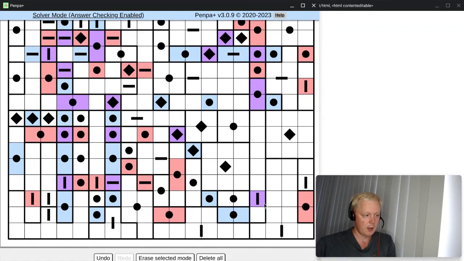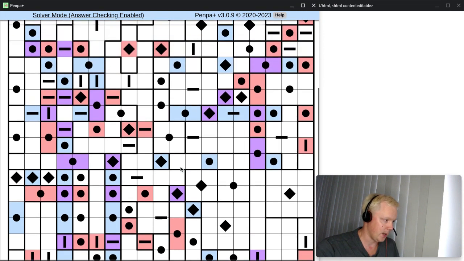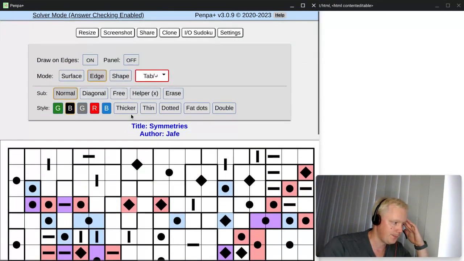Now then, since we are finished with the walls, we now can look at coloring this grid, and we're going to do it in 3 colors now.